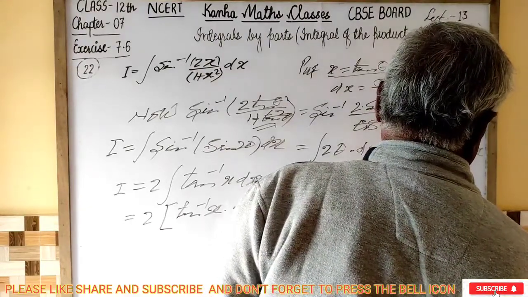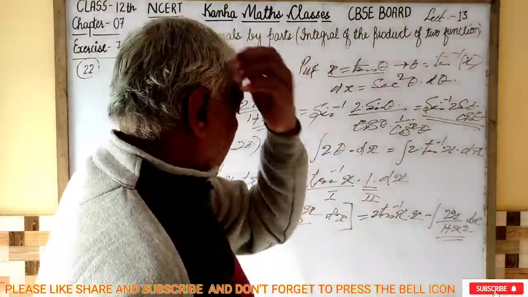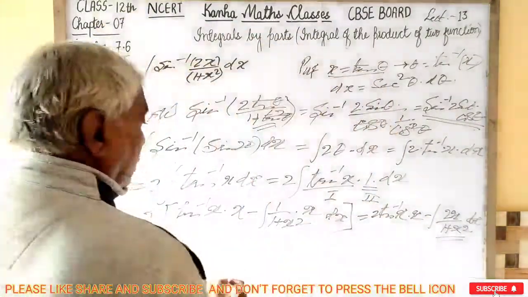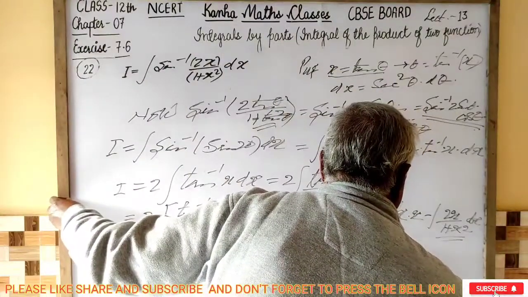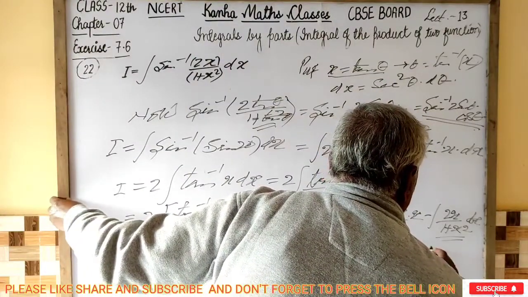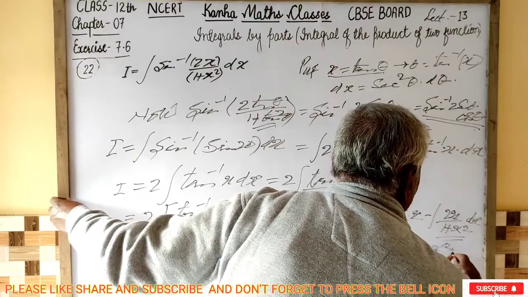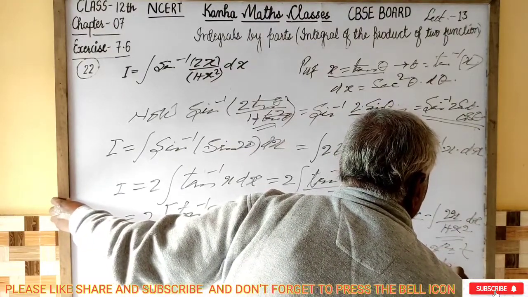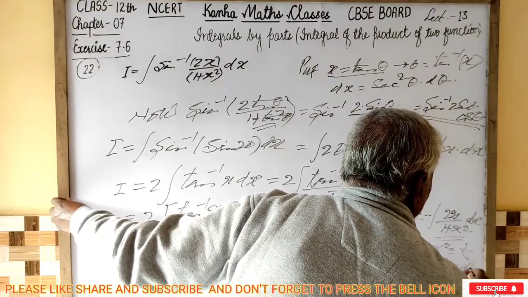Now again we will put here 1 plus x square is equal to t. Now 2x dx is equal to dt.